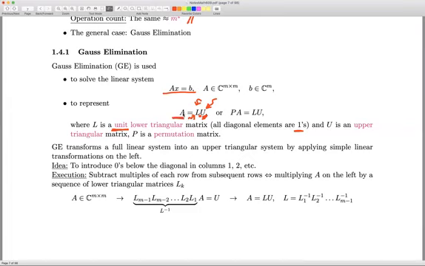That means writing A as a product of a unit lower triangular matrix and an upper triangular matrix. We will see that not every matrix A can be written in this form.